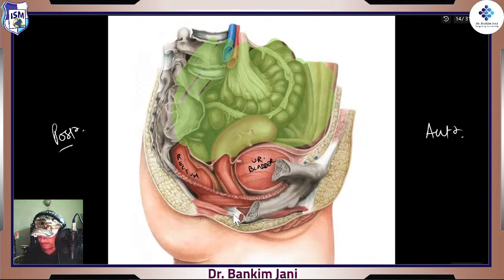This and this are the superior and the inferior ramus, because over here would be the pubic symphysis. So this is superior and this one would be the inferior ramus.